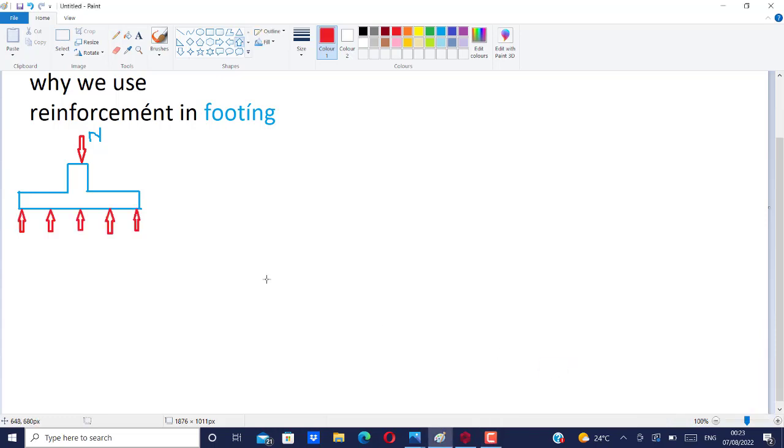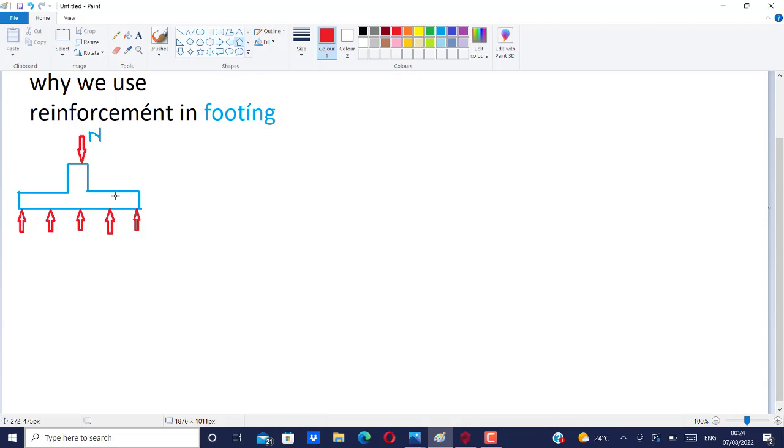Now these forces will be acting under the base. These forces are from the soil acting under the base, trying to push and keep this base in equilibrium as a result of all this load from columns, slabs and all of that acting on the footing. Now when this happens, there are three things that can happen to this footing.